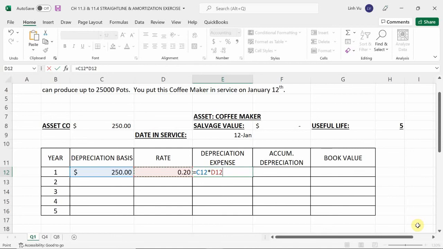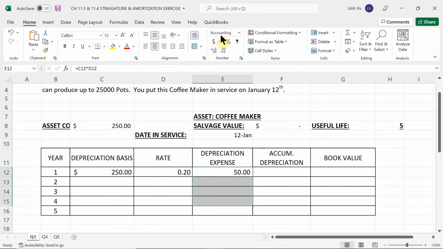Stacy, did you get it? Because I can't use my calculator. It's 50. Okay, $50. Okay, good.